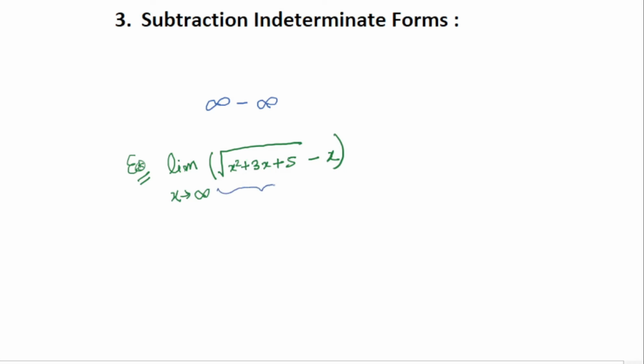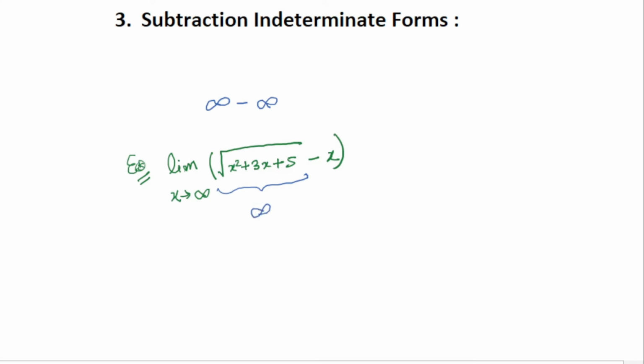Let me solve. First, this square root. If x tends to infinity, then the dominant term in this function is x squared, because x is tending to infinity. So x squared is going to be infinity, and the whole square root is going to be infinity, and the other term is also going to be infinity.